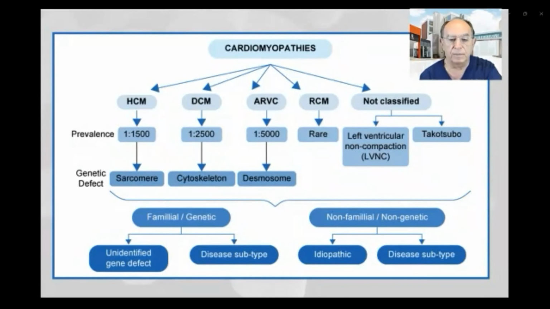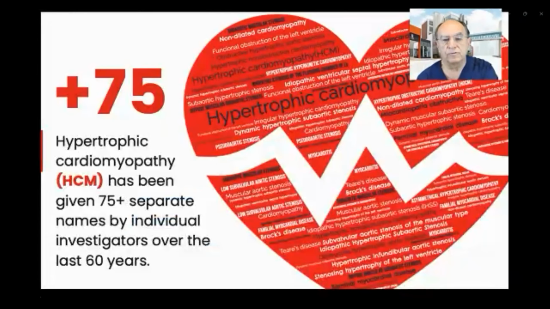The hypertrophic cardiomyopathy is very important because the prevalence is very high, and right now we understand it is secondary to genetic defects, and in a lot of patients the process is a genetic pathology. In the process of the classification, the hypertrophic cardiomyopathy was given different names.